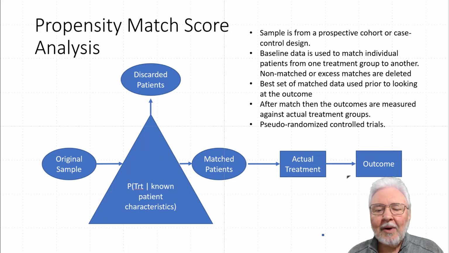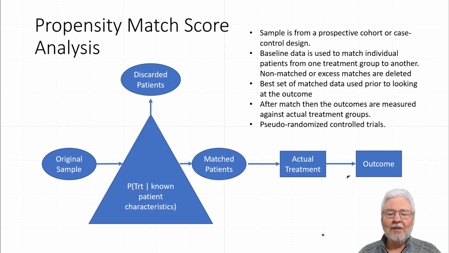And we end up just throwing away the people that didn't match. They either didn't match because they were outside of overlapping between the characteristics between the two, or we had just a whole bunch of aspherics that had a probability of 0.7 and only a few to match them, so we threw out the excess aspheric.